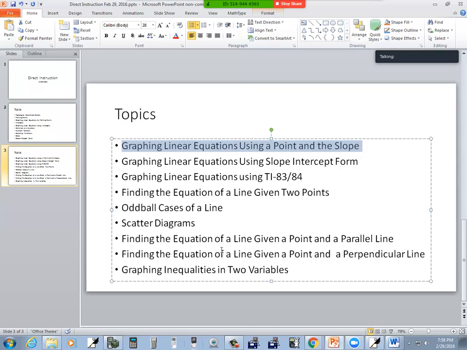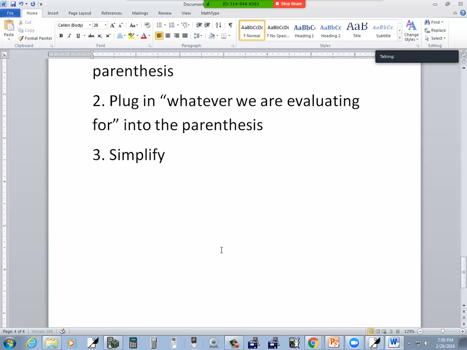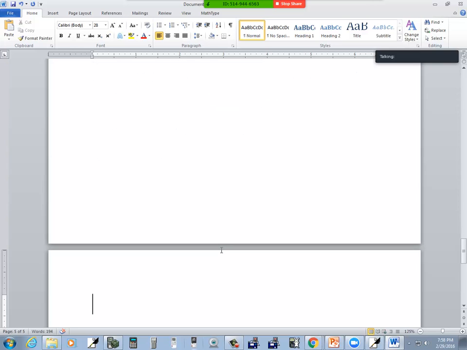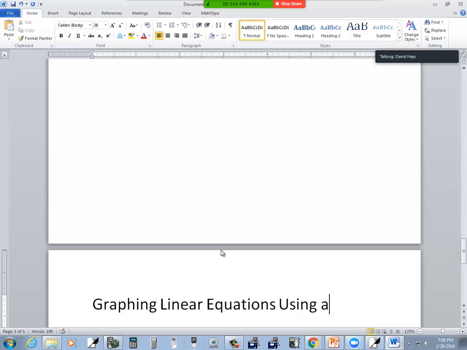Let's talk about graphing linear equations using a point and a slope.